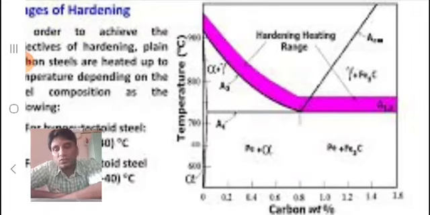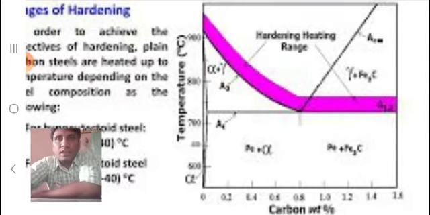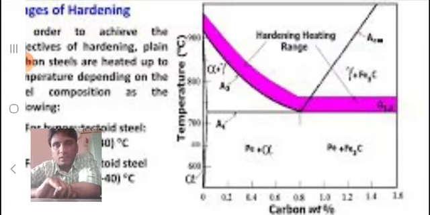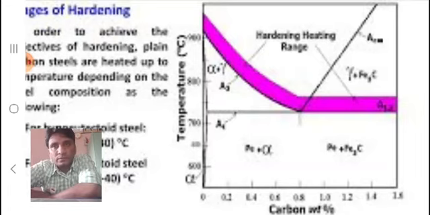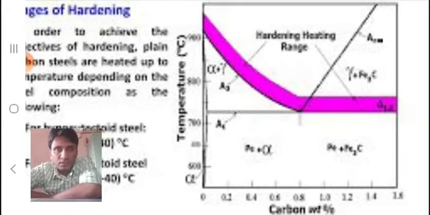So we can also get bainite structure with the other technique, that is directly heating the steel to the hardening temperature or austenitic zone or austenitic phase, and then directly quenching the steel into 350 degrees centigrade, and holding the steel at the temperature for a sufficiently long time until the austenite transforms into bainite.